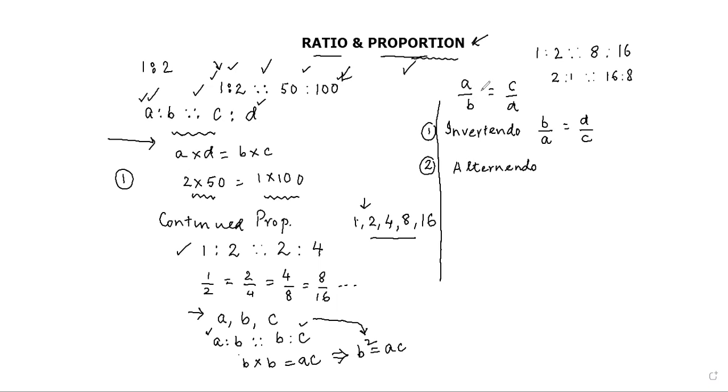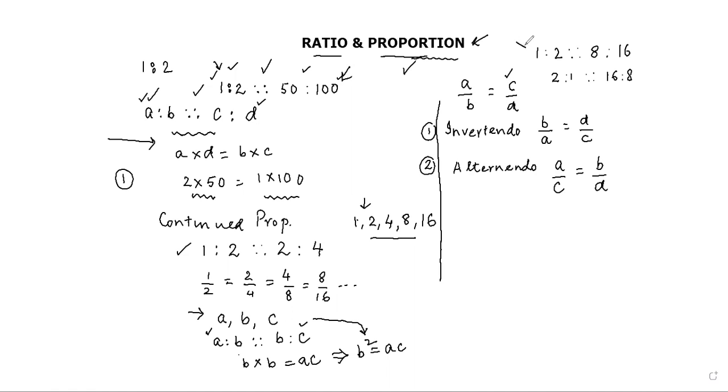That if I don't take the next one, B, but I take the one next to B, C, which means the alternate one, then A upon C is equal to B upon D. So A is to C is the same as B is to D.